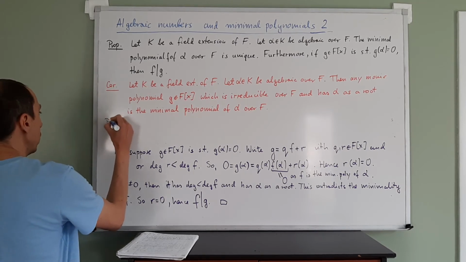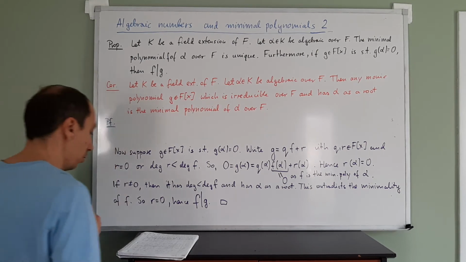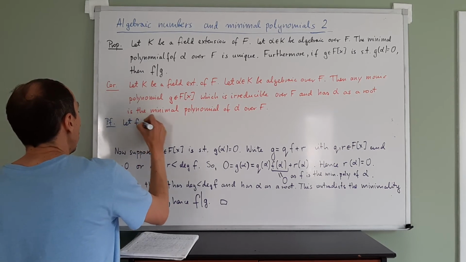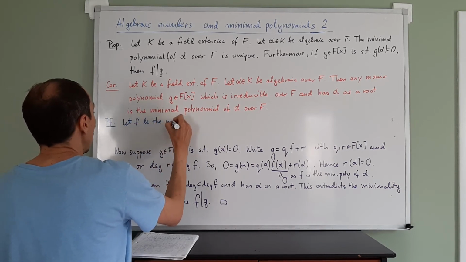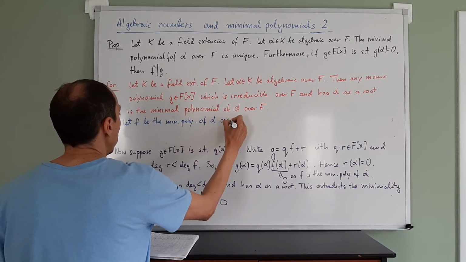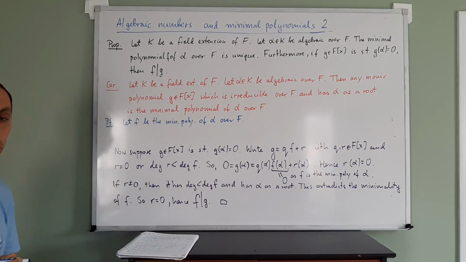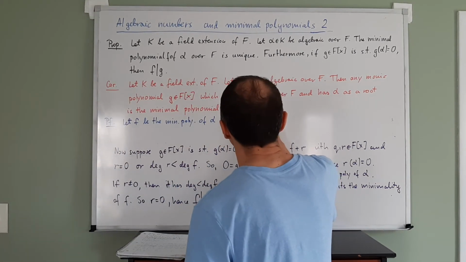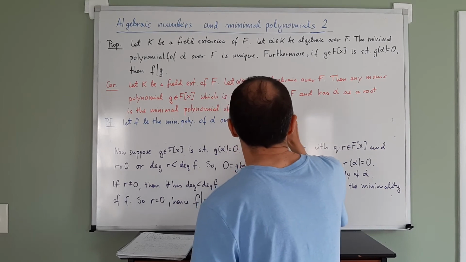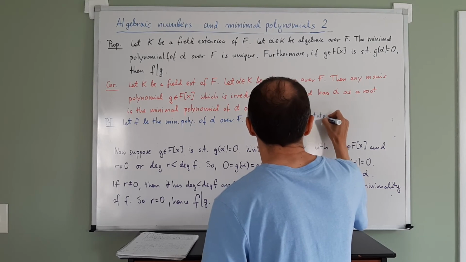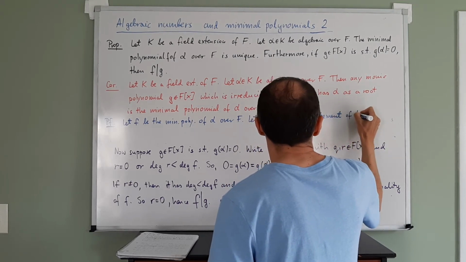Let's prove this corollary. So let f be the minimal polynomial of alpha over F. Now I can write the minimal polynomial because by the proposition I know that minimal polynomials are unique. Let g be as in the statement of the corollary.